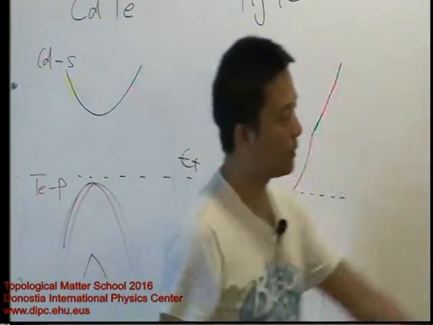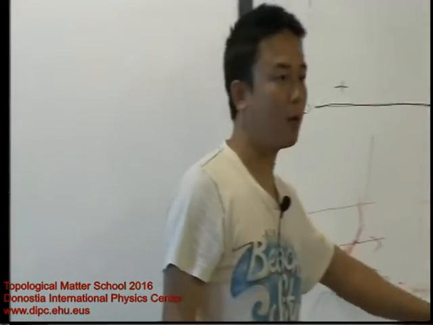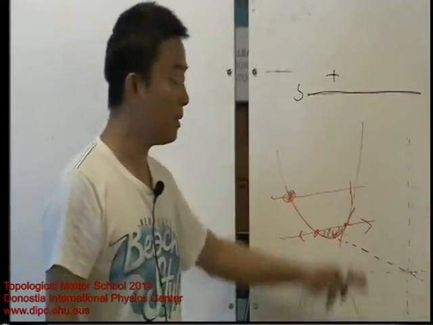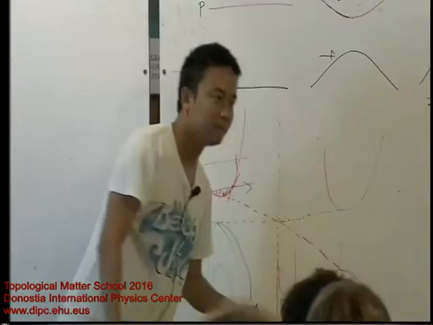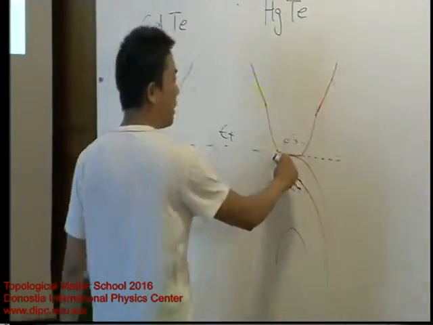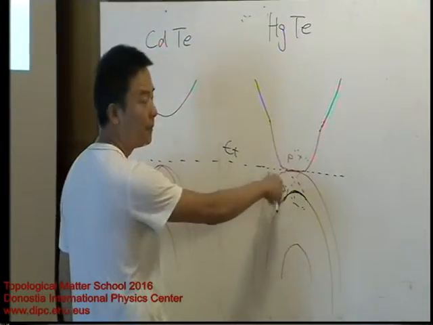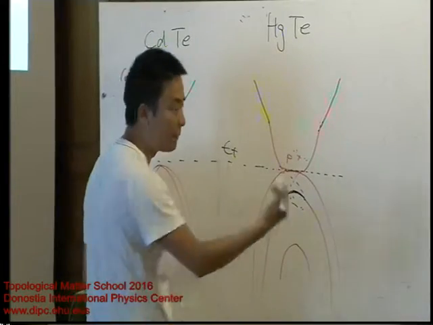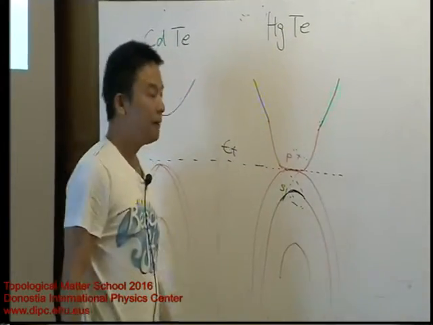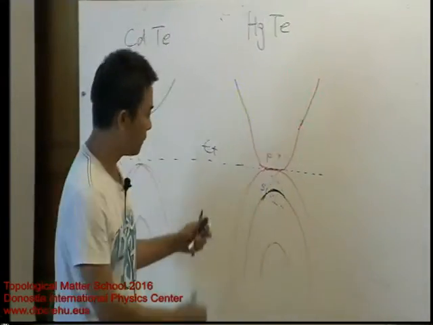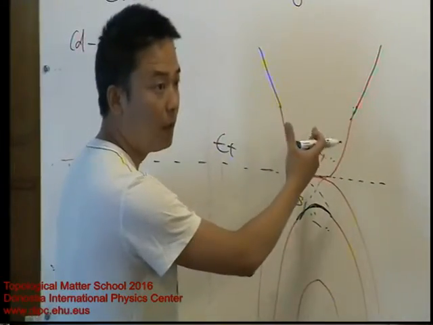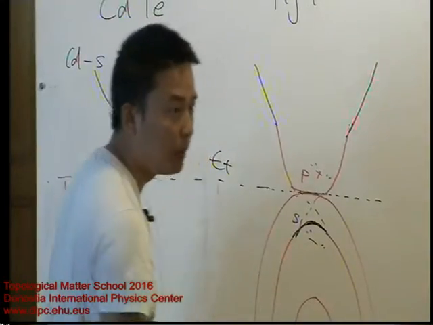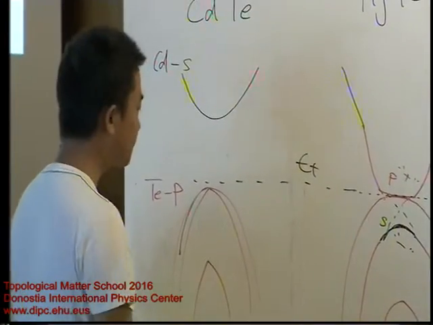When we use this argument, we don't care where the Fermi energy is. Maybe here, maybe there, it doesn't matter, as long as the two sides are inverted. And here is the same. As long as these two bands are inverted, between them there should be some edge states, some surface states coming out. And from the Z2, we already know this inversion has opposite parity. For sure, it will give us a minus sign.